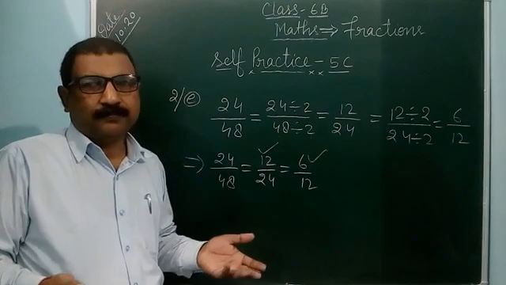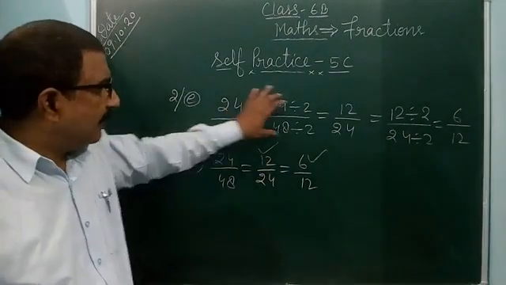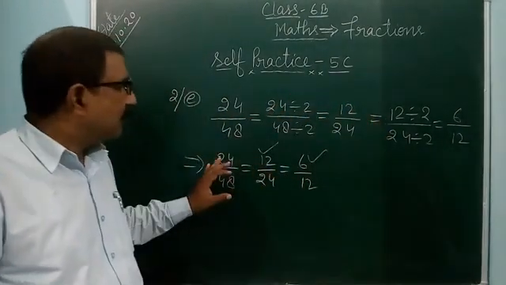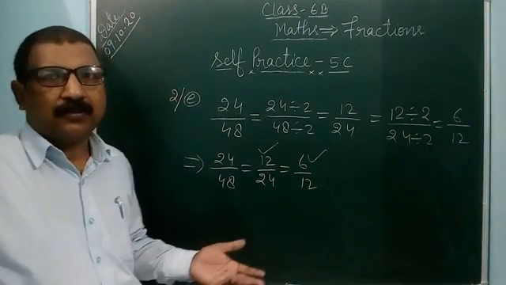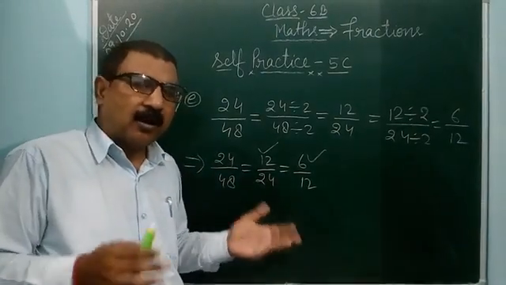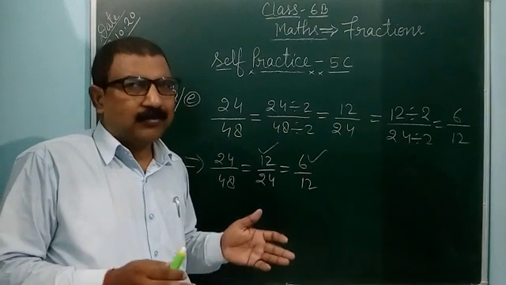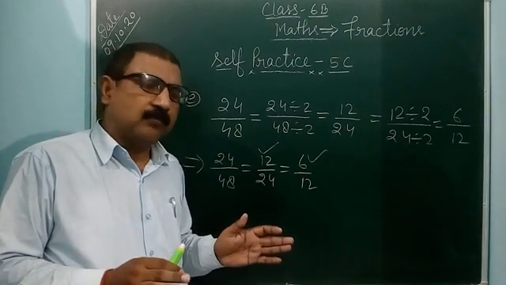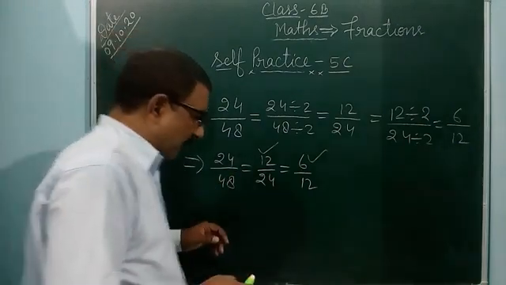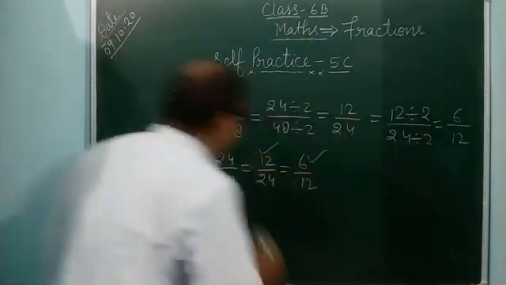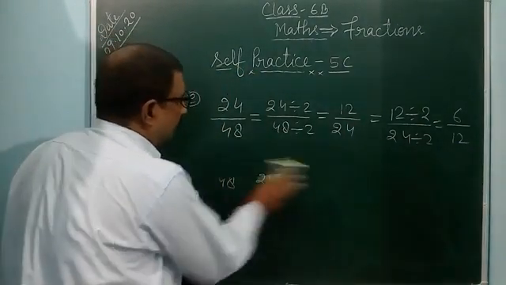Answers may vary. If you are dividing you get one answer; if you are multiplying you get another answer. But in all processes the answers are equivalent. In this way also you can do it. If you are multiplying you can do it like that.